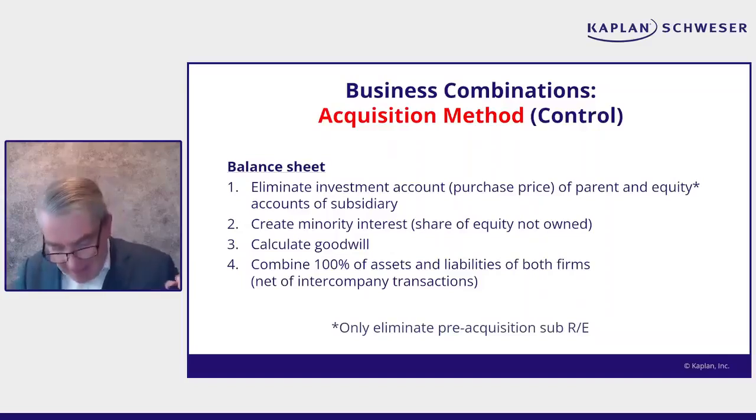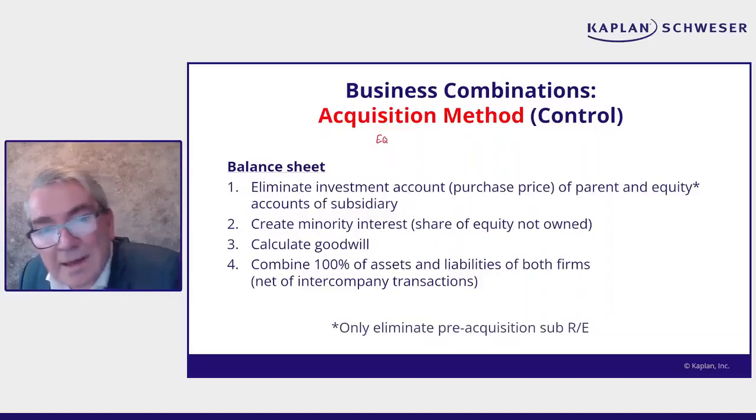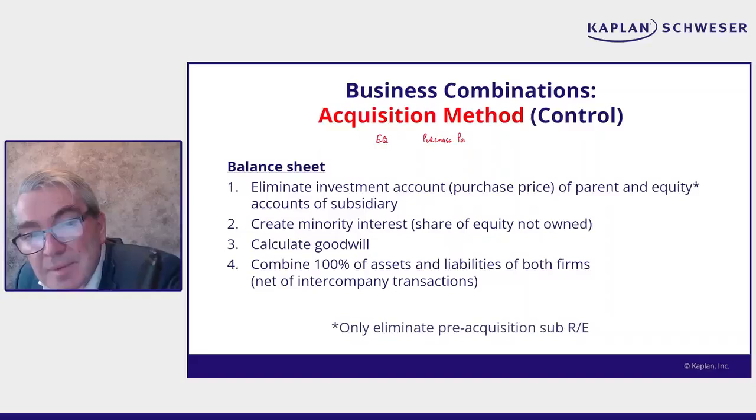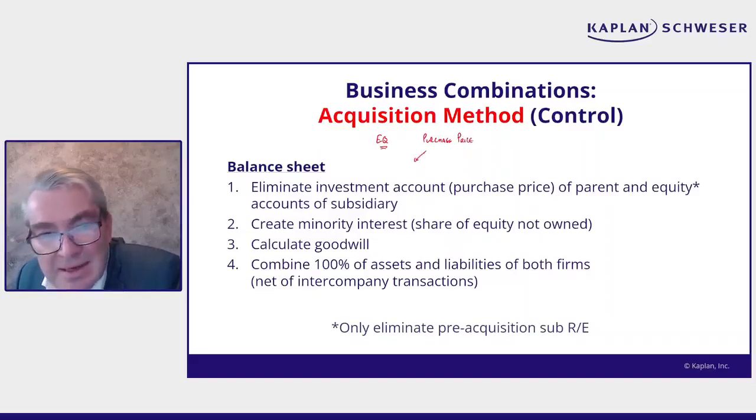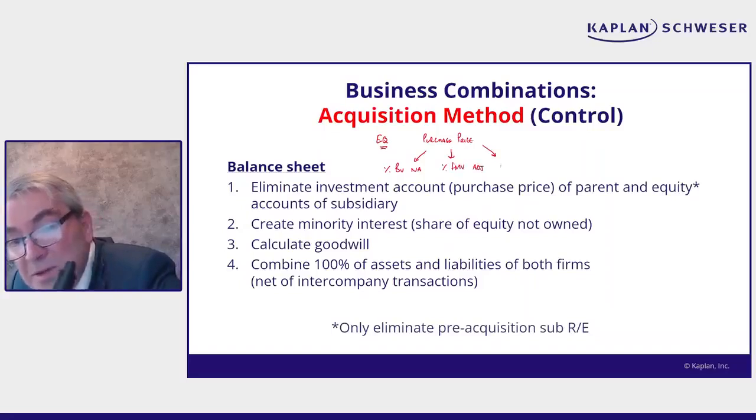So if you remember with equity accounting, we had a one-line consolidation. And of course, at the date of acquisition, that was equal to our purchase price. And if you remember with equity accounting, that included our share of book value, net assets, our share of any fair market value adjustments, and then any balance was goodwill.